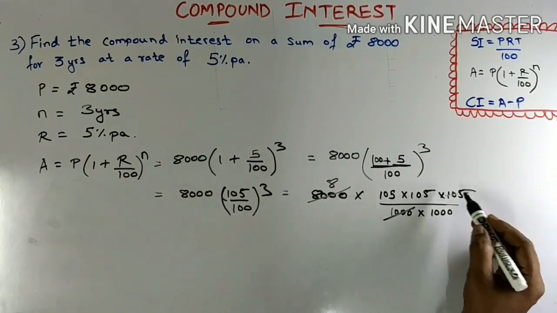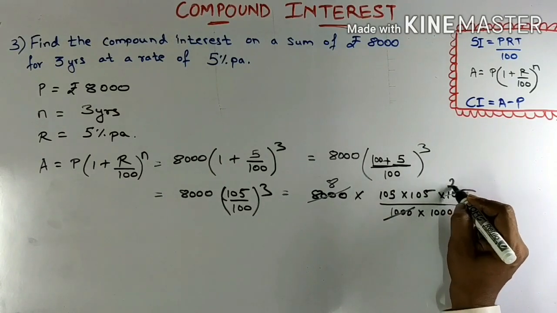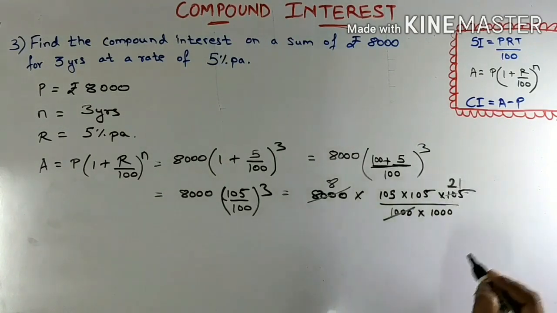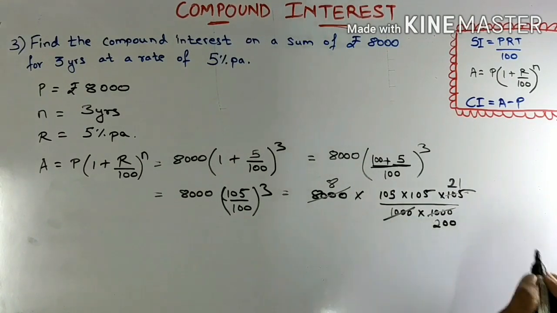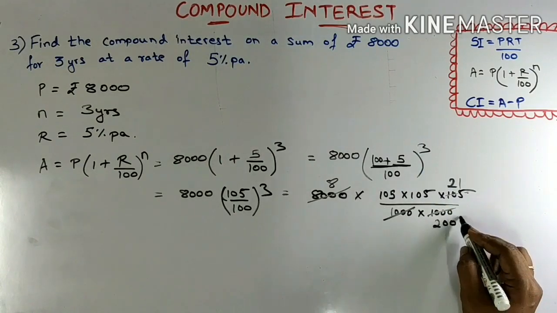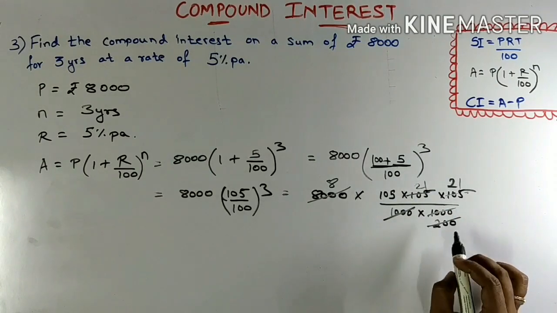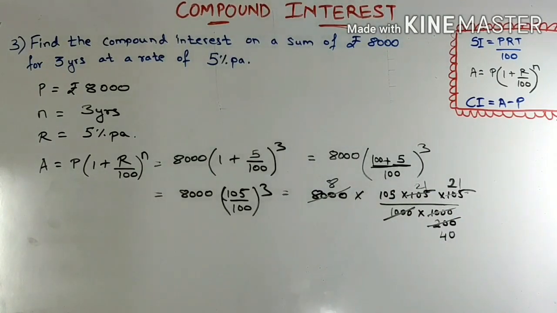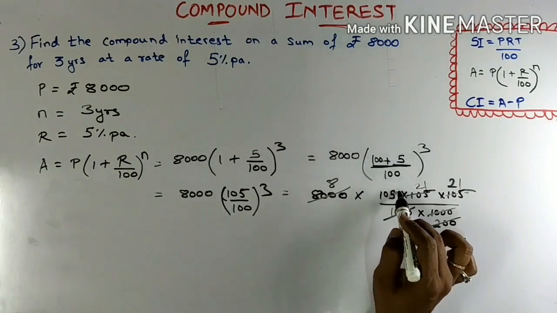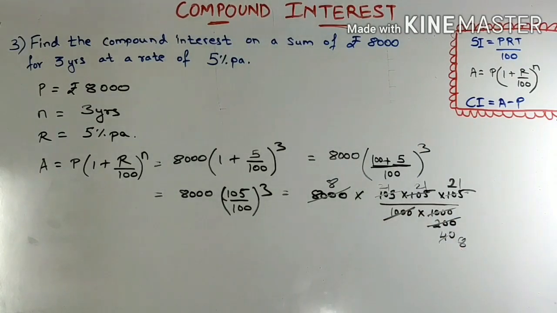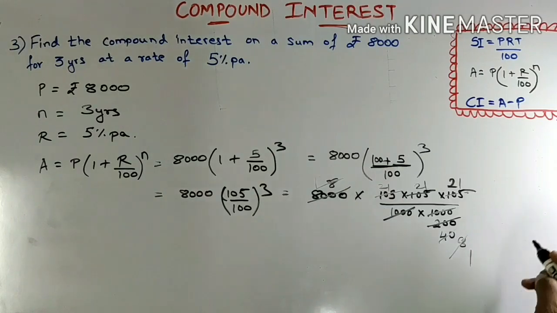Let's try it first with 5. 5 2s are 10, 1s are 5. 5 200s are same again. 5 21s are, and 5 40s are again. 5 8s are 40, 5 21s are 105, 8 1s are 8, gone.